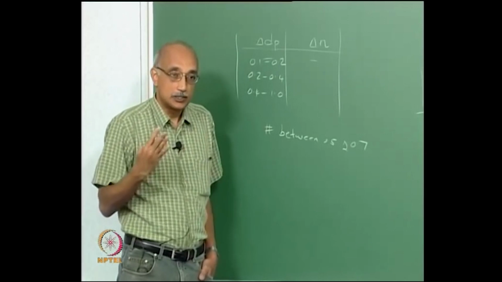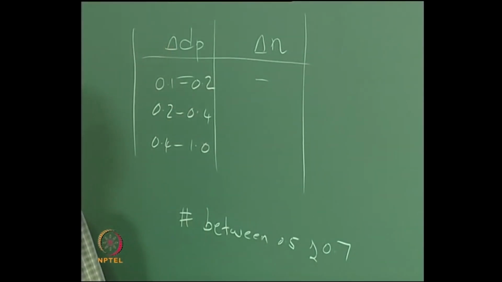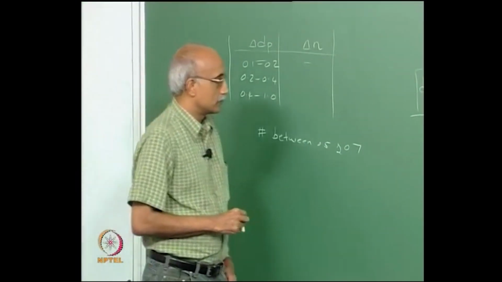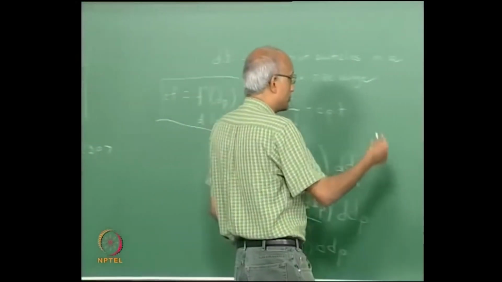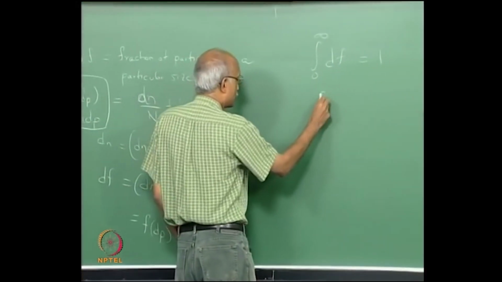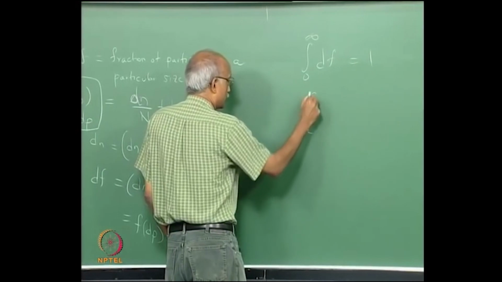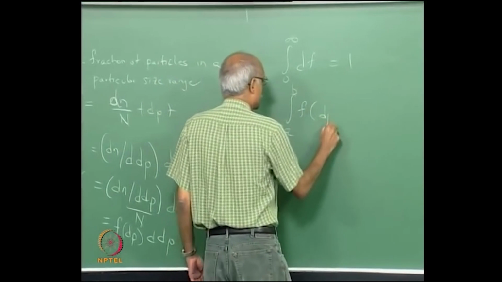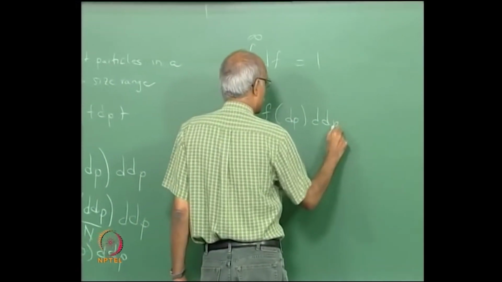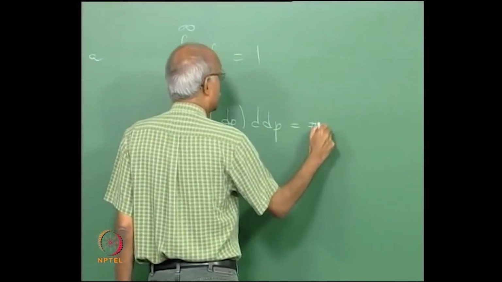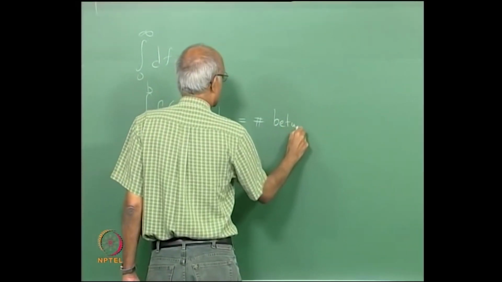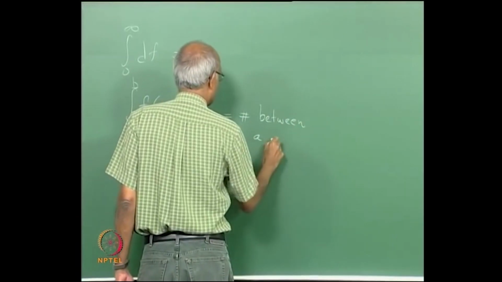Obviously you cannot do that using the tabular form of the data. That is where continuous functions become important in order to be able to interpolate as well as extrapolate the data that you have. So, if you want to obtain that information, once you have formulated a function, it becomes simple. So, integral a to b of f of dp ddp will be the number between sizes a and b.